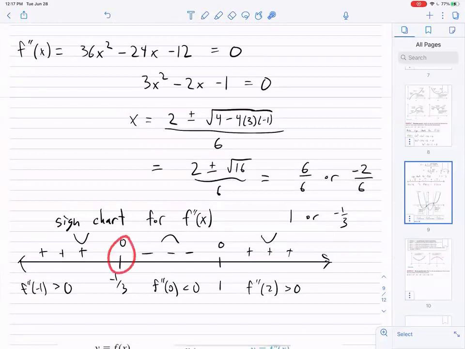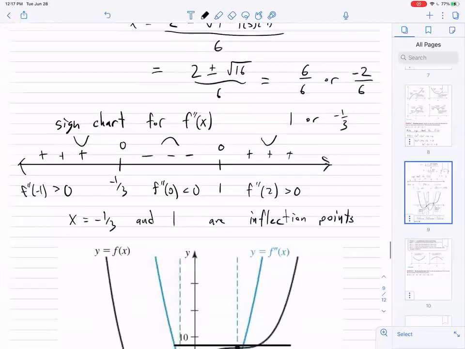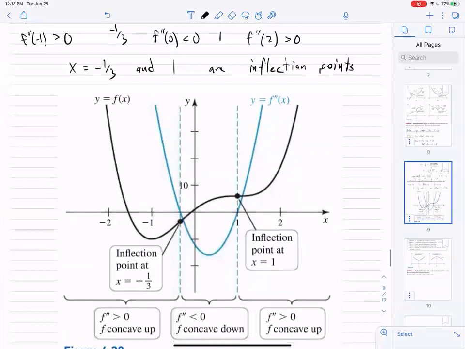Each of these is an inflection point because it switches concavity. So x equals negative 1/3 and 1 are inflection points. And here's a picture of that: here's the function that looks like this.